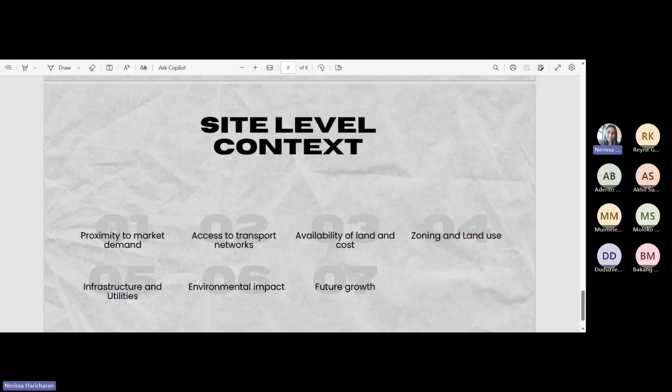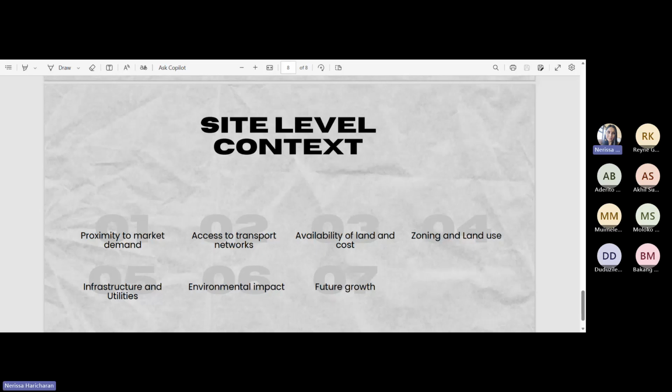And also if your business requirements change, maybe you want to include another product line into your business from a manufacturing perspective. Is the site flexible enough in terms of design or layout or the infrastructure to scale up or scale down? And can it evolve over time as you grow your business?